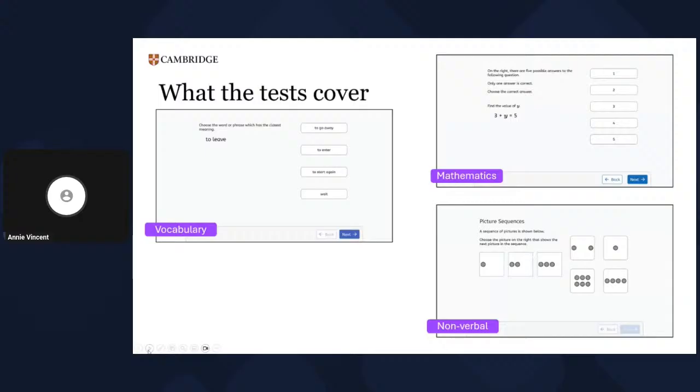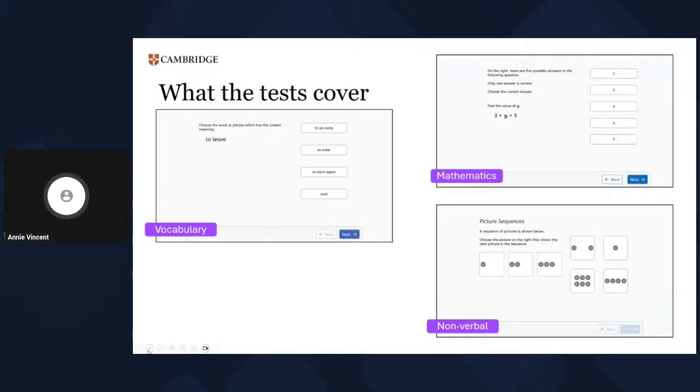And that's a really important part of identifying academic potential, especially if a child is an English as an additional language speaker, or if they have a significant literacy need, because a lack of fluency in the English that might be required to access the vocabulary and mathematics questions can affect their score in those modules. And so actually we can see potential through the non-verbal tasks, even if the vocabulary and the mathematics modules don't necessarily convey that level of potential.